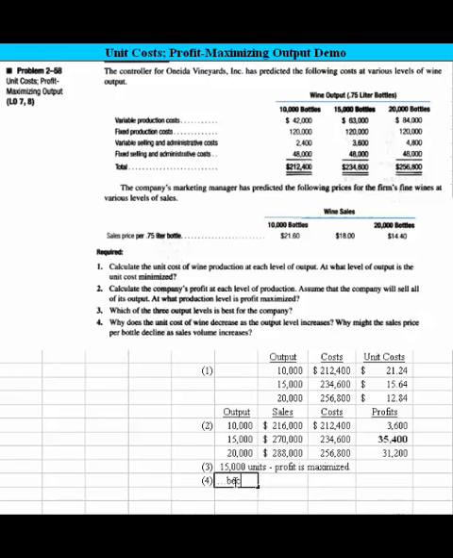And I'm going to use non-standard English just for the sake of time in the demo: the fixed costs per unit decrease as production and sales volumes increase. And that is the solution to problem 2-58.